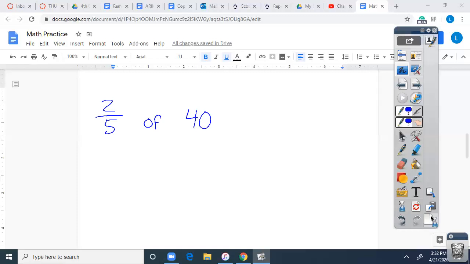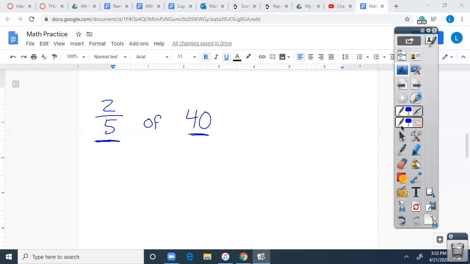Basically it could be a word problem, and it could say that you had 40 tacos, and 2/5 of the tacos had tomatoes on them. Then the question will ask how many actual tacos had tomatoes on them. 2/5 is just a fraction, right? It's not just 2, it's not 5, it's 2/5 of 40. So we need to figure out how many actual tacos out of the 40 had tomatoes.